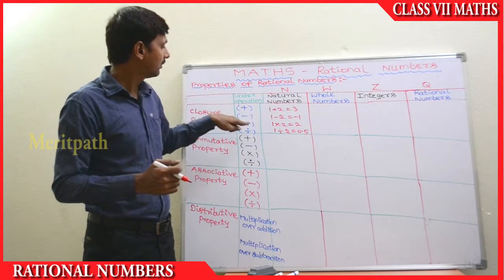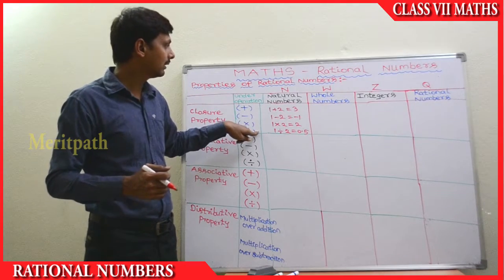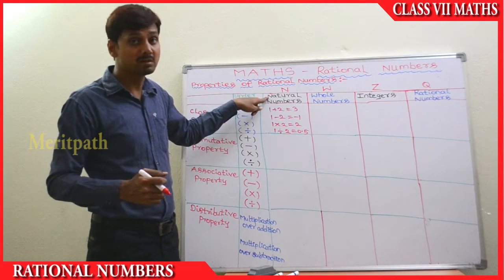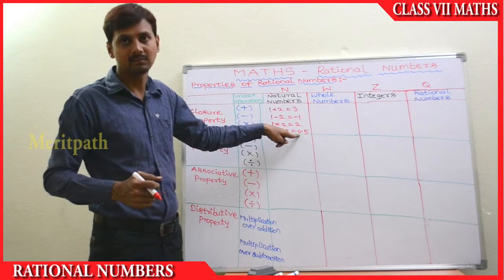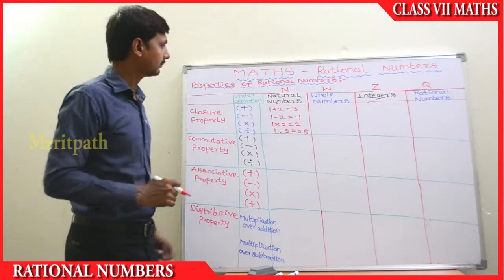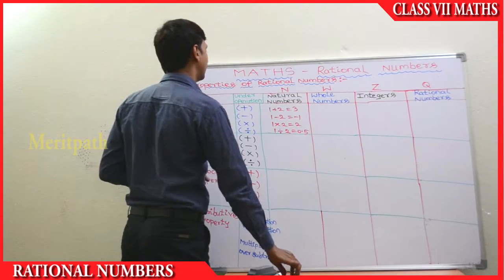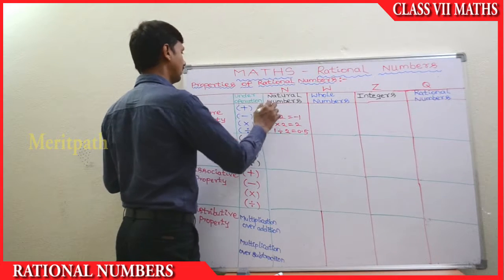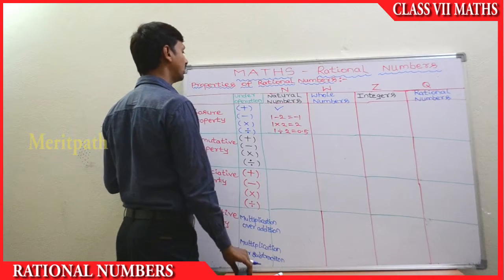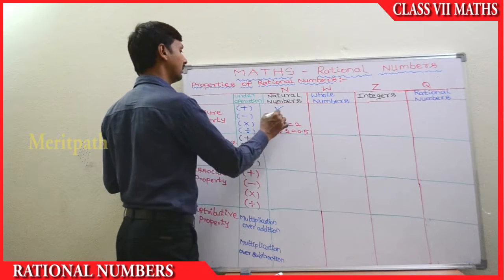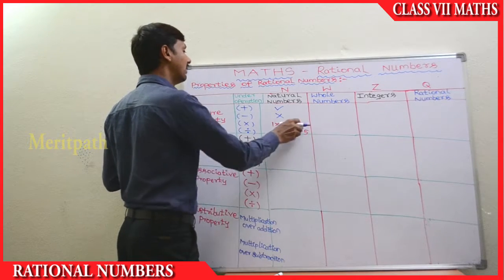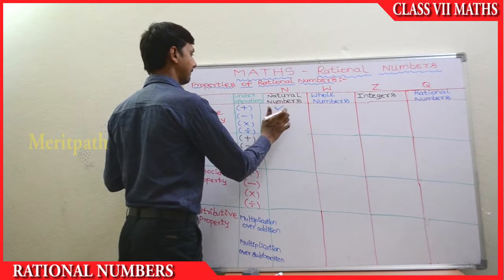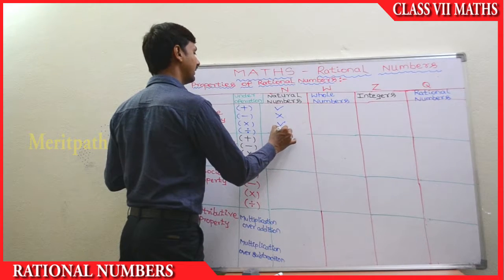So the closure property of division of natural numbers is not applicable because we got a decimal number. What we understood from here is that addition on natural numbers is applicable, subtraction is not possible, multiplication is possible, and division is not possible.